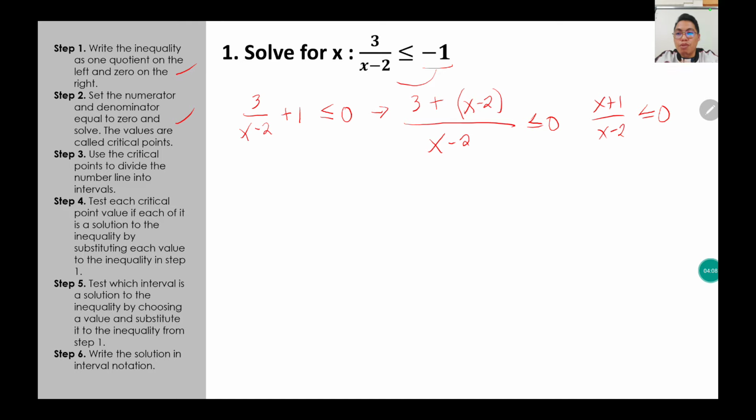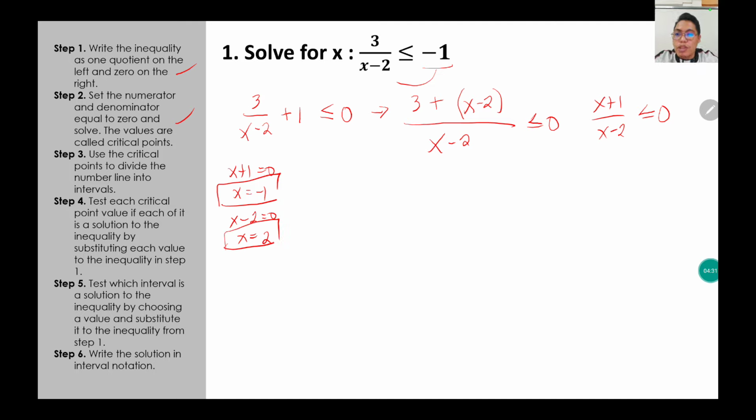So step number 2, set the numerator and denominator equal to 0. So dumun tayo sa numerator, x plus 1 equals 0. So we have x equals negative 1. And then the second one is x minus 2 equals 0, so we have x equals positive 2. So we now have two values, x equals negative 1 and x equals 2.